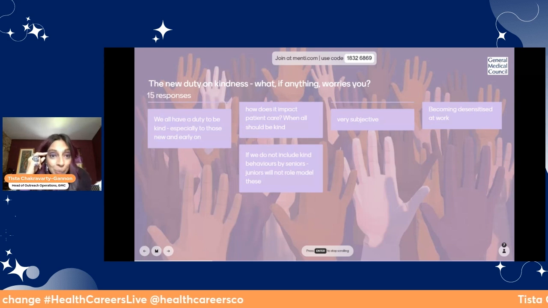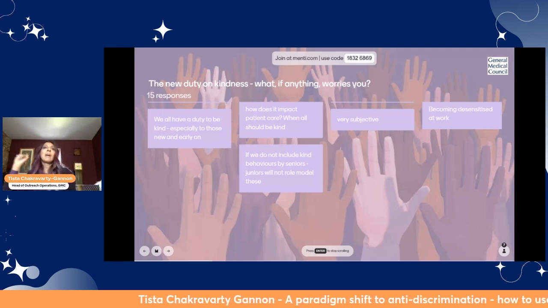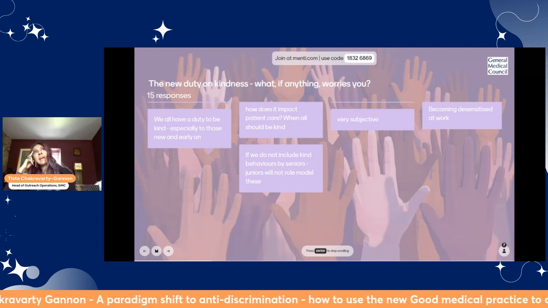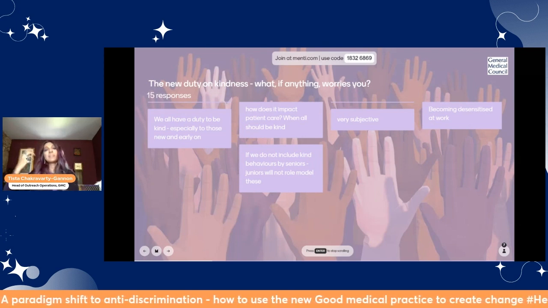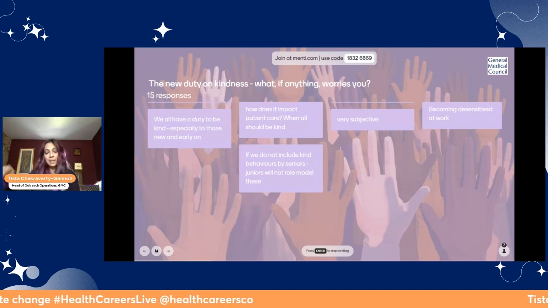That brings me to my next point. If we do not include kind behaviours by seniors, juniors will not role model these. Now, there's another element to that I wanted to speak about. When we were consulting, one of the stories that we heard was from a group of trainees who were really passionate about including the word kindness.